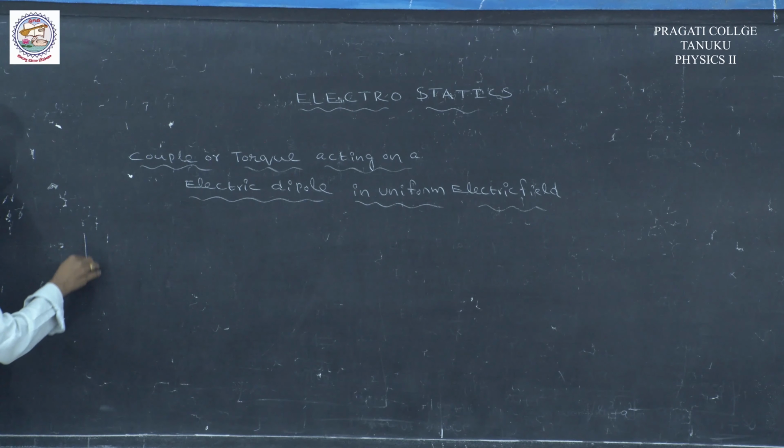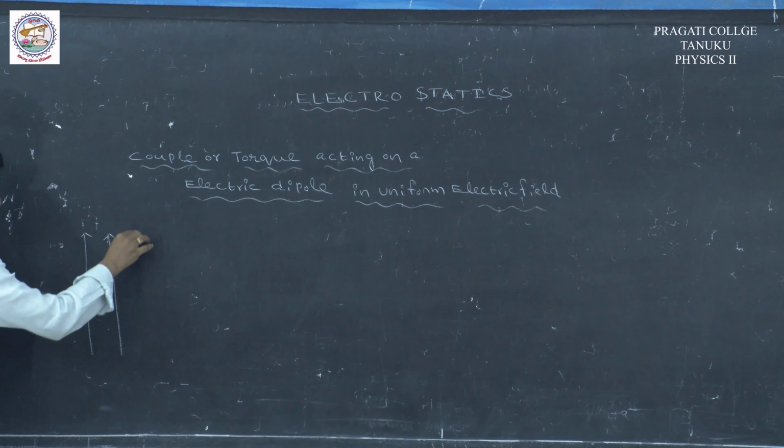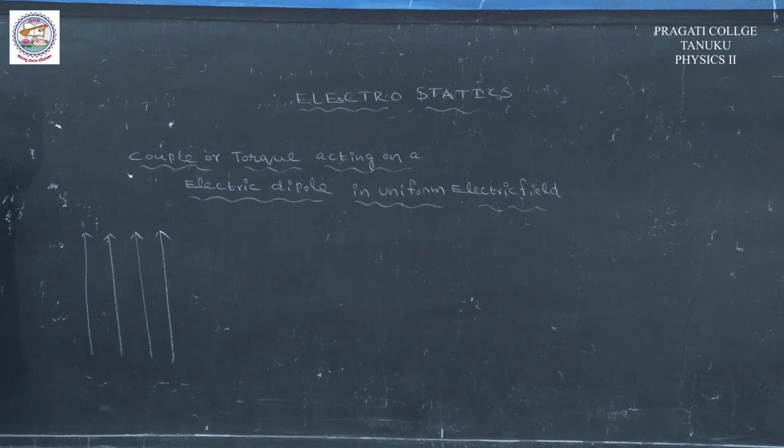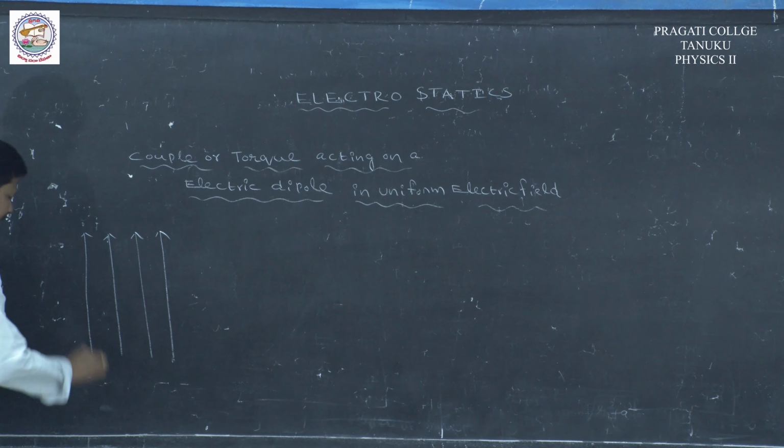We know in a uniform electric field the lines of force are straight and parallel to each other.